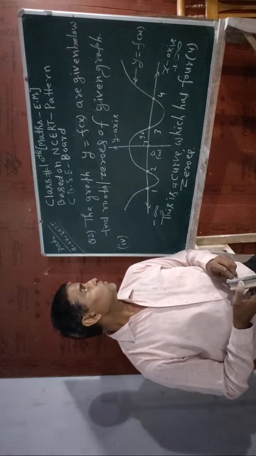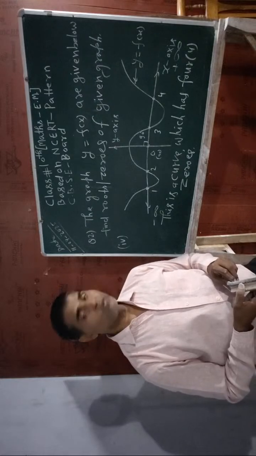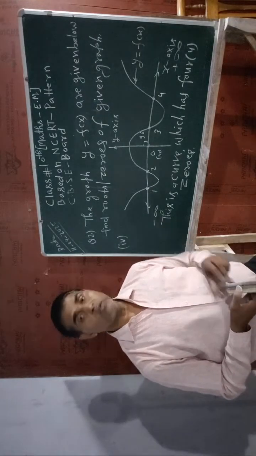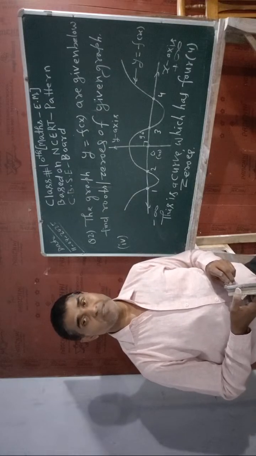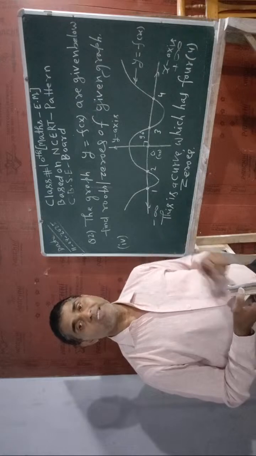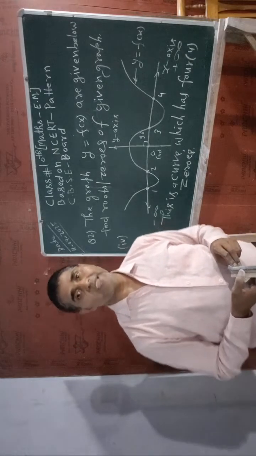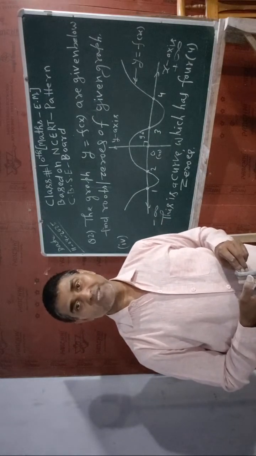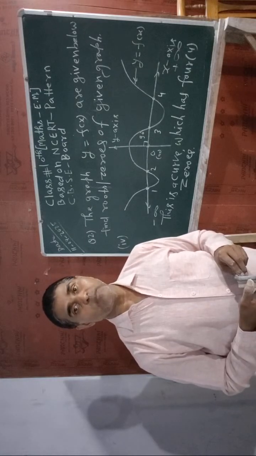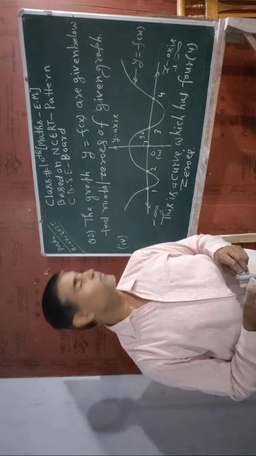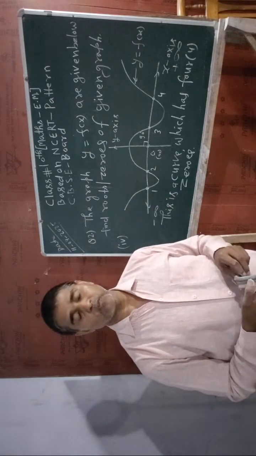Okay student, so I hope that you know very well how, if any quadratic polynomial is given, you can easily get the zeros of that quadratic equation. For a linear polynomial, a cubic polynomial, or a fourth degree polynomial, you can also obtain them by using the same concept.